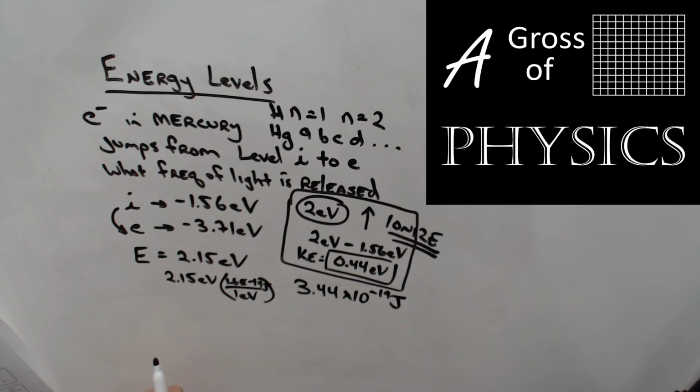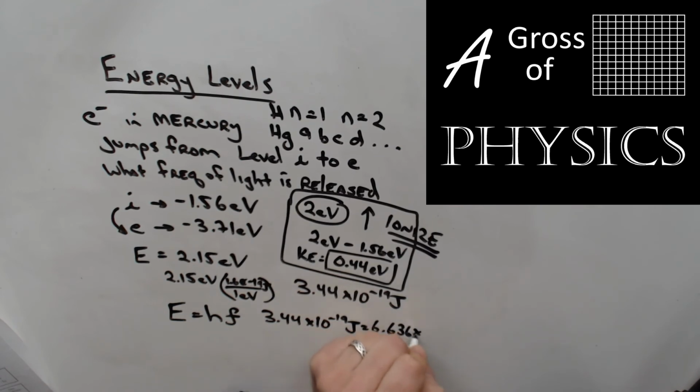Well, if I want to find the frequency of light that's released, I'm just going to do E equals hf. So 3.44 times 10 to the negative 19 joules equals 6.63 times 10 to the negative 34 joule seconds times frequency.